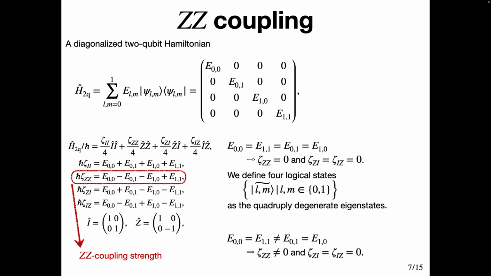And we define 4 logical states as the quadruply degenerate eigenstates. On the other hand, when the degeneracy is partially lifted, we can switch on the ZZ coupling.